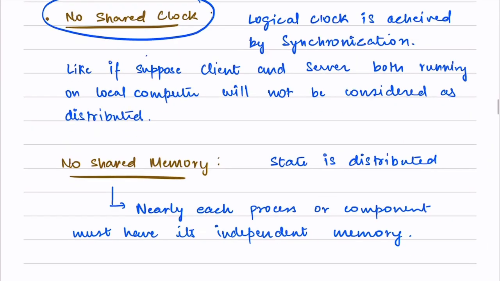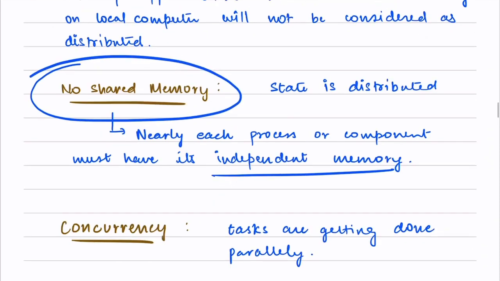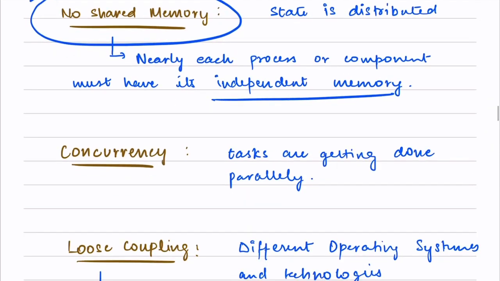Similarly, there should be no shared memory. Every component which is separated out should have its state distributed. Each process or component must be independent and have its own independent memory, so they should not be sharing it in one system. Next, there should be concurrency.